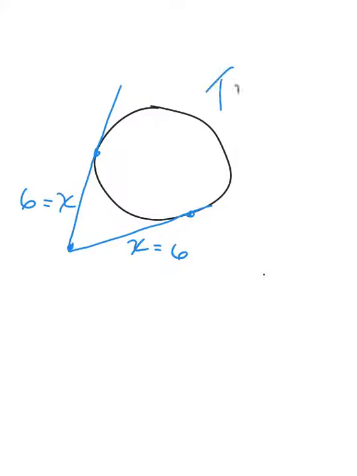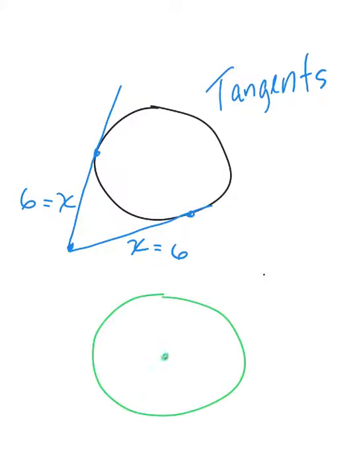So a tangent kind of skirts by the circle and only hits it at one exact point. You draw your circle and you draw a radius anywhere on the circle. That's the radius. It goes from the center of the circle to the edge, right?